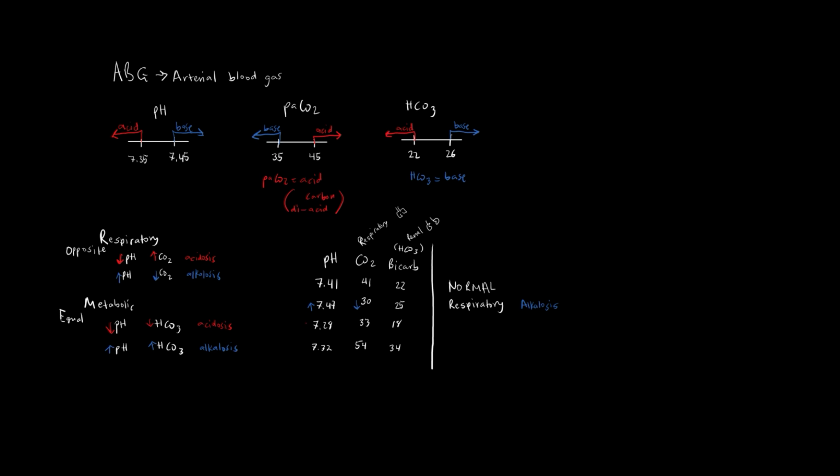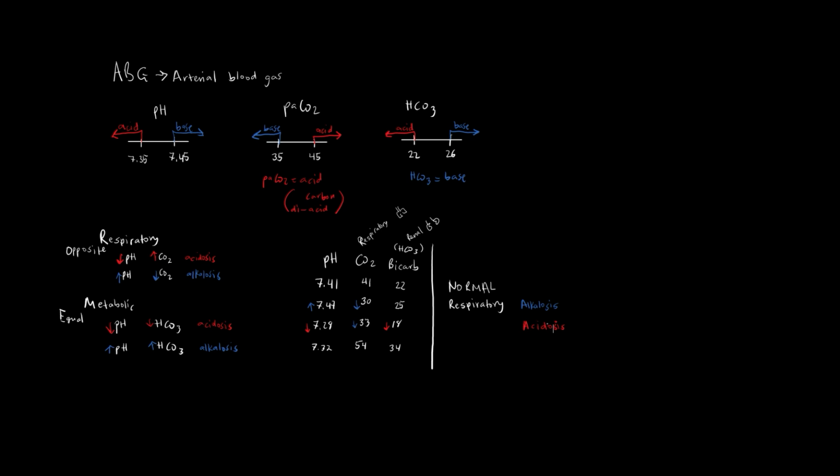Moving on to our next problem, the pH is 7.28, which is less than normal. So that tells us automatically that we are in a state of acidosis. The PaCO2 is 33, which is less than normal, and then the bicarb is 18, which is less than normal. To determine if this is respiratory acidosis or metabolic acidosis, we're going to have to look at the relationship between the pH and CO2 and the relationship between the pH and the bicarb. Think back to ROME.